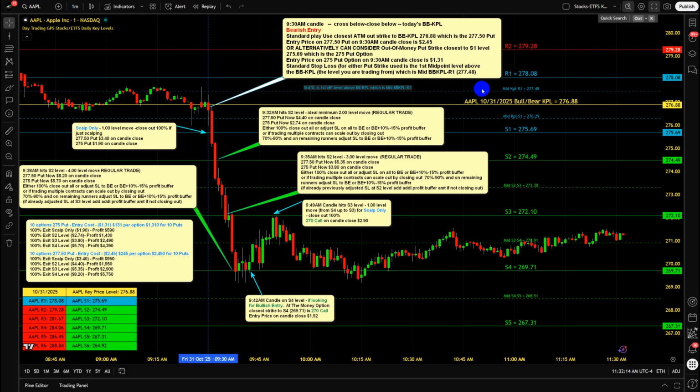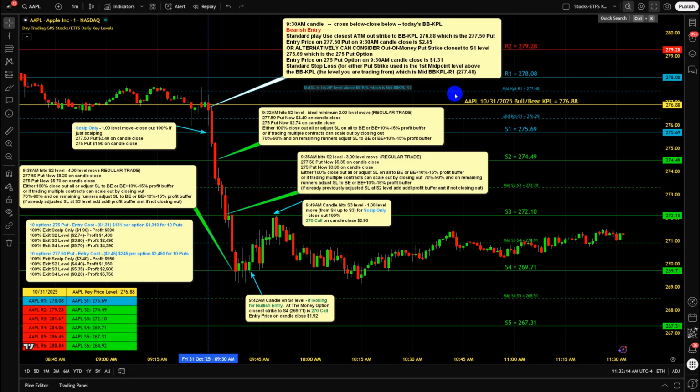So remember, to begin with, on the initial entry, we're using a level as our stop loss. For those that may be wondering how to do that with options, now obviously with stock that's easy enough. You just set a price level for that because you're just trading stock.